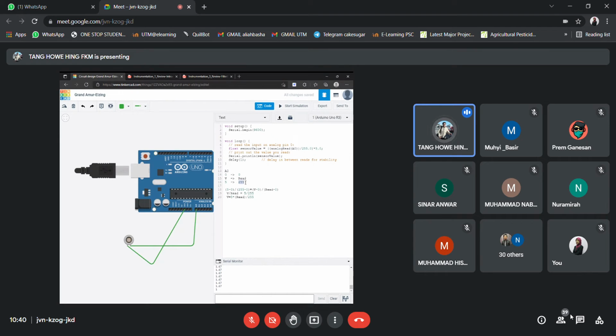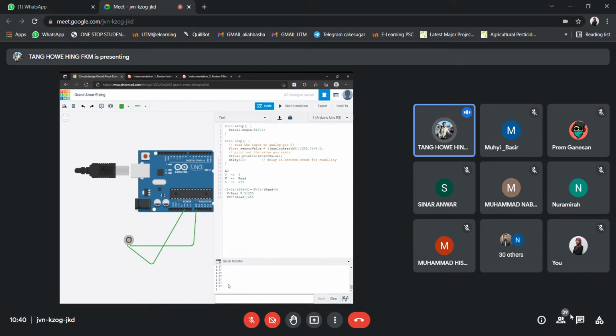Because the Arduino Uno can receive an input voltage range of 0 to 5 volt, but the sensor's output value is only from 0 to 0.416 volt.